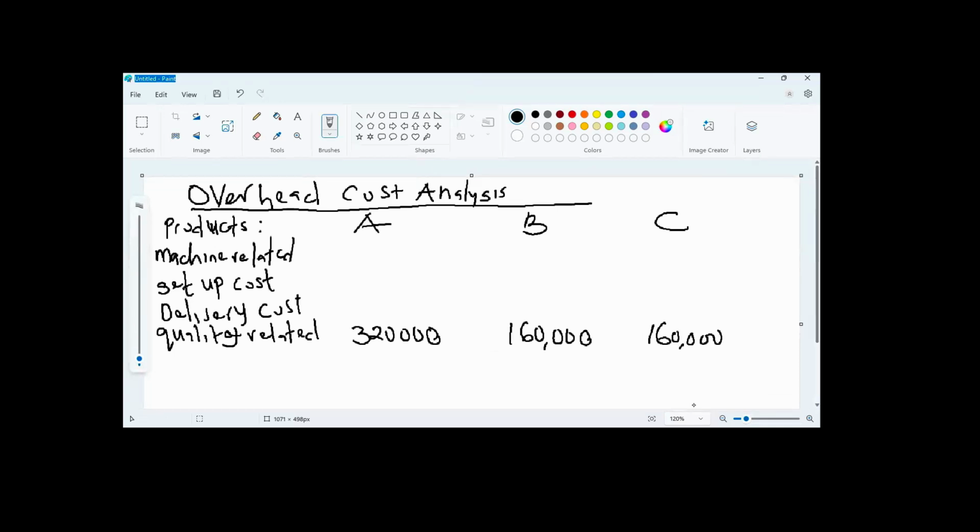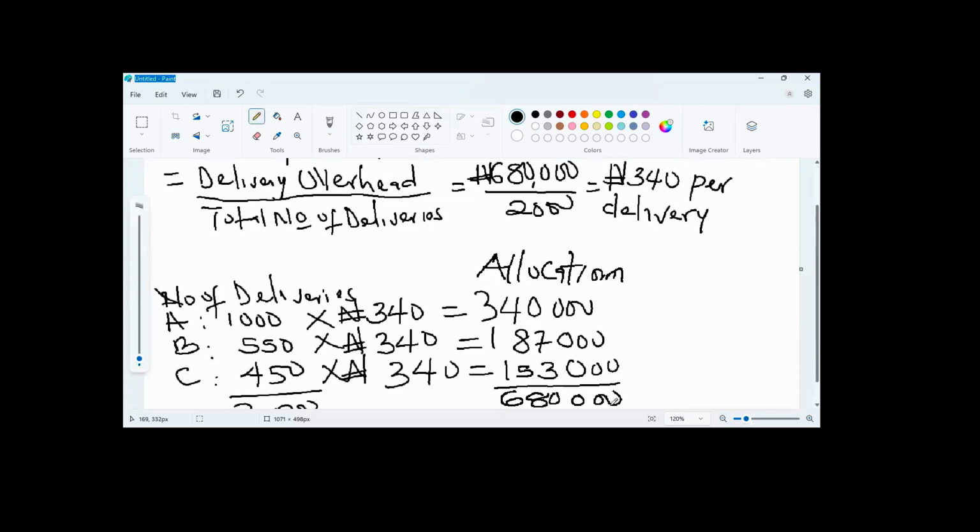Next, I'll go back again. This is delivery, is that not? Yes, sir. Allocation to product A, 340. To product B, how much? 187. To C, 153.